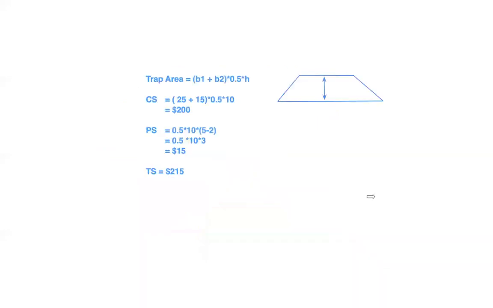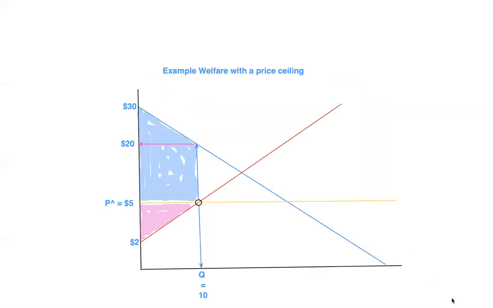So if we go back to our formula, sure enough, we have 25 plus 15 times a half, and then times 10. Well, I said the distance between the two bases was the height of the trapezoid, or sometimes you call it the altitude.